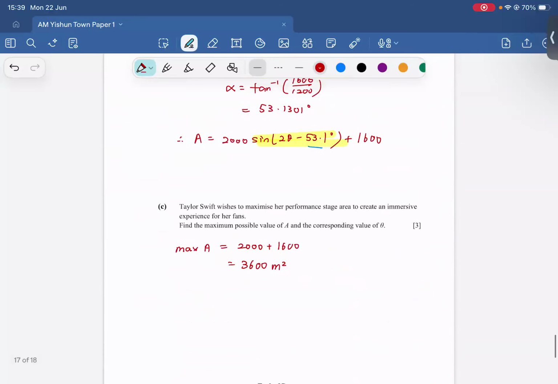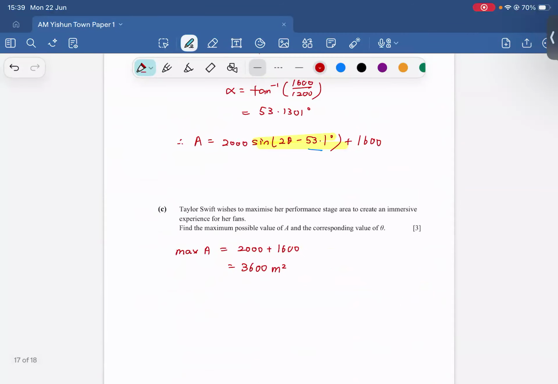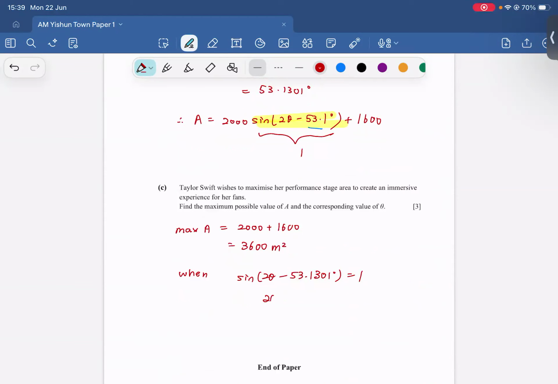And the corresponding value of theta. When will this be, when this one becomes 1? Now we do not use 53.1, we use more decimal places. So sine what equals 1?